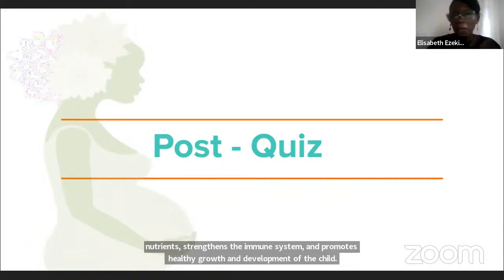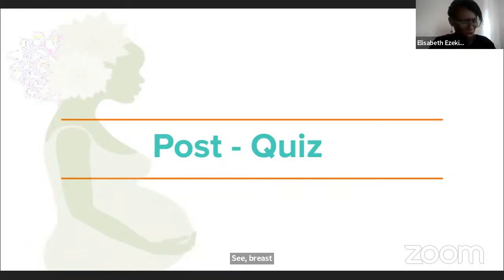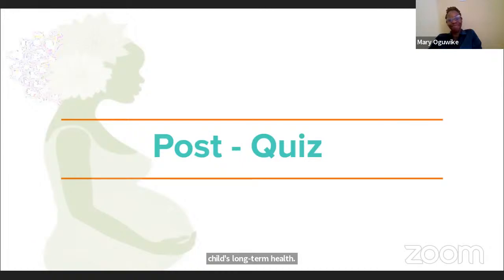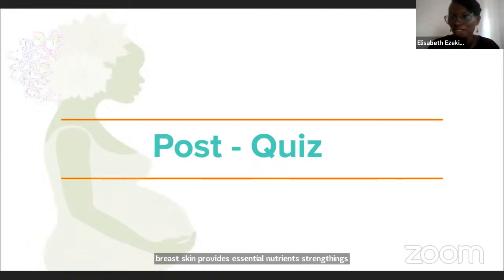C, breastfeeding should be avoided because formula is more nutritious. D, breastfeeding has no impact on the child's long-term health. What's the correct answer here? B. B, breastfeeding provides essential nutrients, strengthens the immune system, and promotes healthy growth and development in the child.